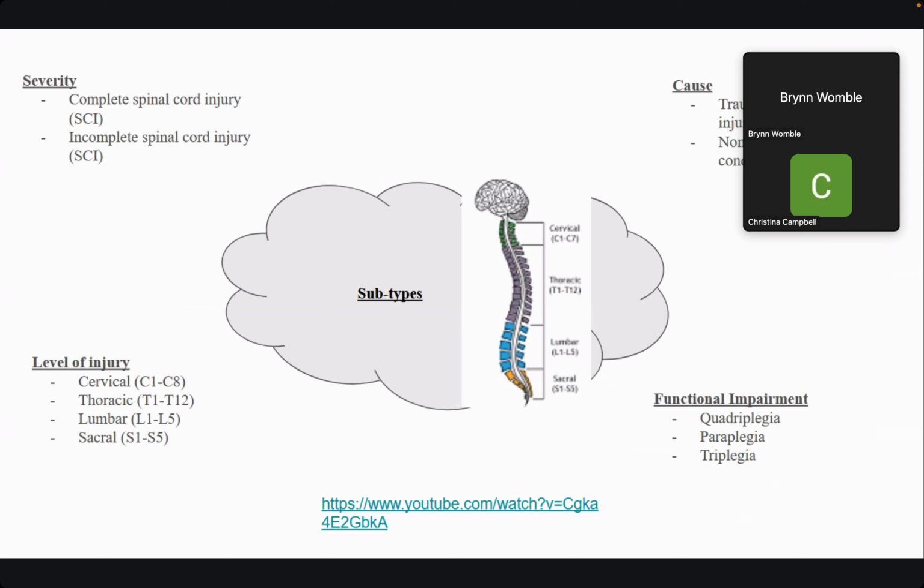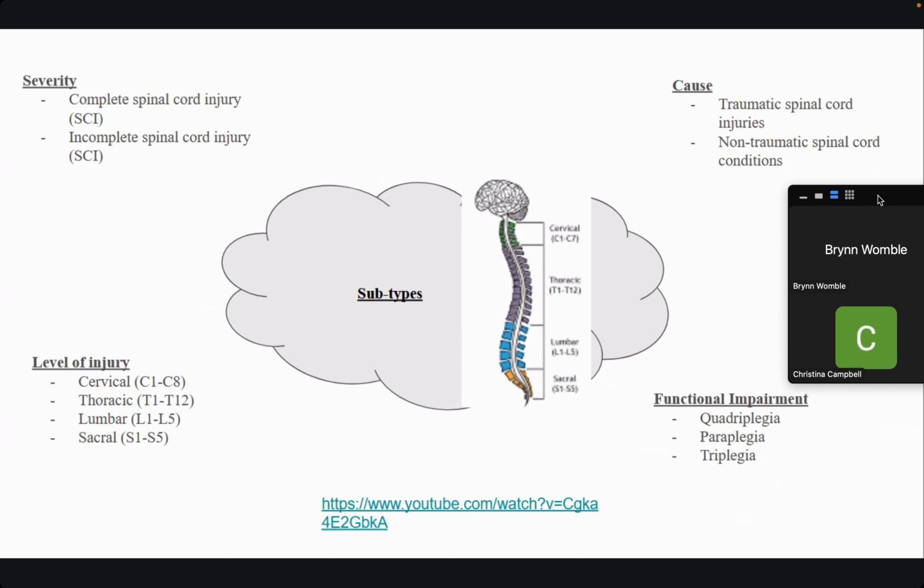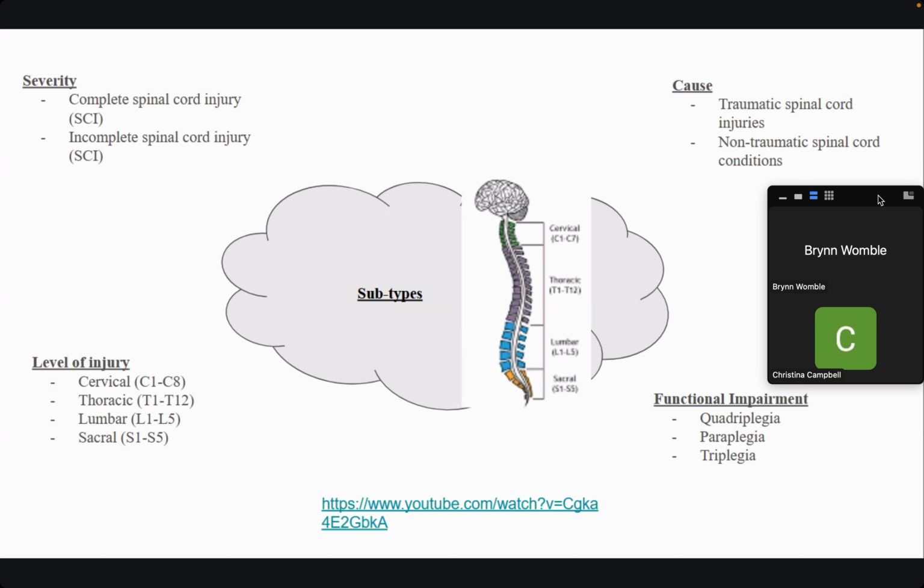The sacral spine affects lower body function, including bowel and bladder. Some people still have the ability to walk with a spinal cord injury. Each section of the spine affects a level of spinal cord injury and the groups of nerves which have been affected and will have an adverse effect on the body.